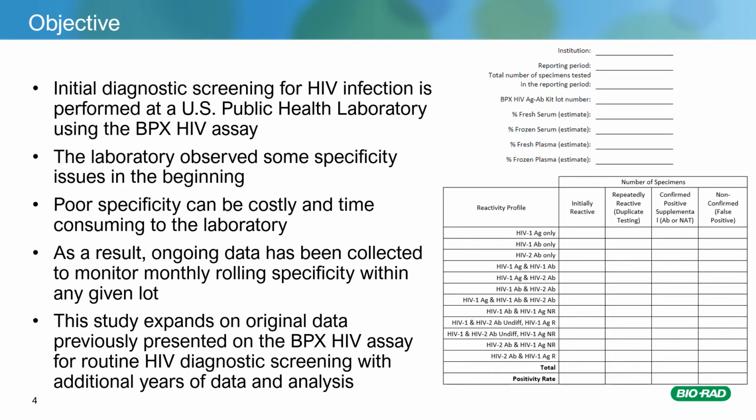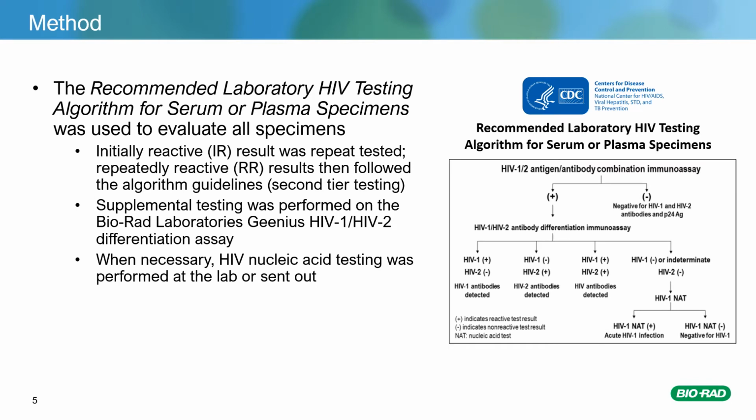This study expands on the original data previously presented at this conference on the BioPlex HIV assay for routine HIV diagnostic screening in a public health laboratory with additional years of data and further analysis. Our methodology. The institution uses the CDC recommended HIV testing algorithm to evaluate all specimens.